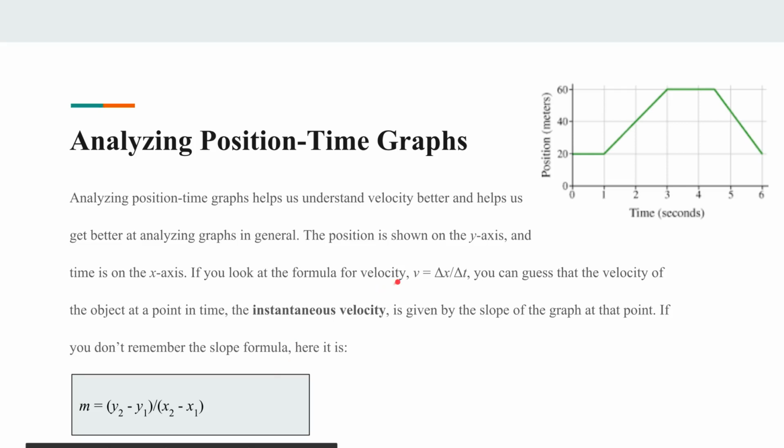This delta is x2 minus x1. This delta also means t2 minus t1. So if you take that into account, this looks suspiciously like the slope formula, which I put right here, which means the velocity is also equal to the slope of the graph at this point.